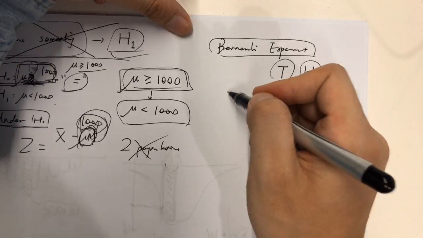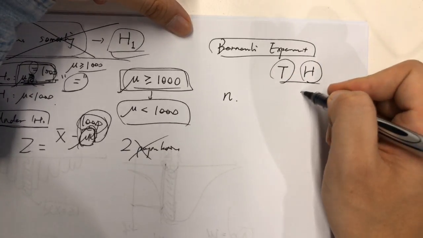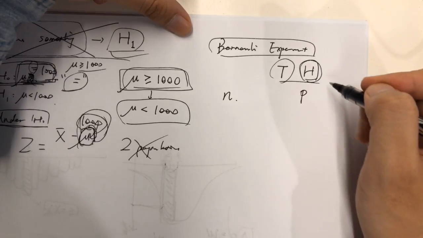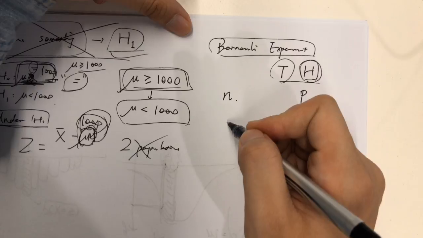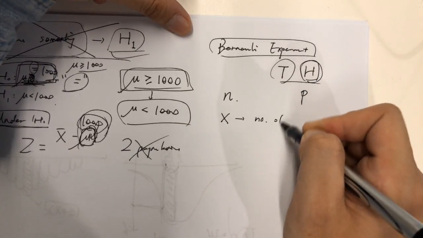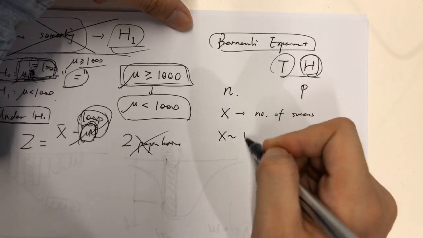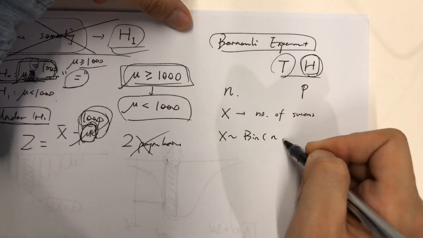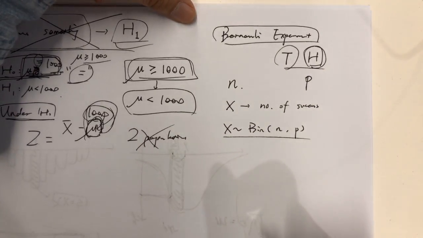If we repeat it n times and we define the probability of success to be P, and we define X to be the number of successes, then X will follow a binomial distribution with n and P. Okay, so this is the binomial distribution.